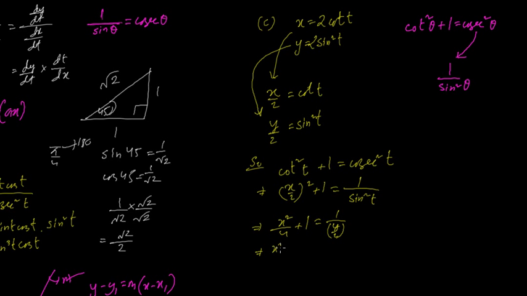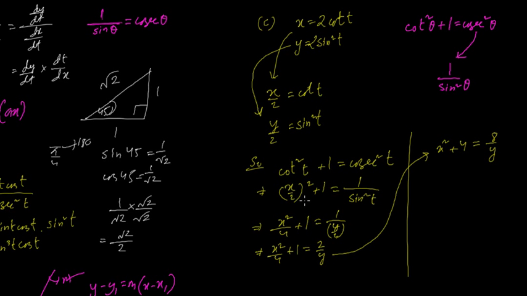So that means x squared by 4 plus 1 equals 2 by y. Now we have to express the answer in the format of y equals f(x). So first of all we can multiply both sides with 4 to get rid of this 4. So we can write x squared plus 4 equals 8 by y.